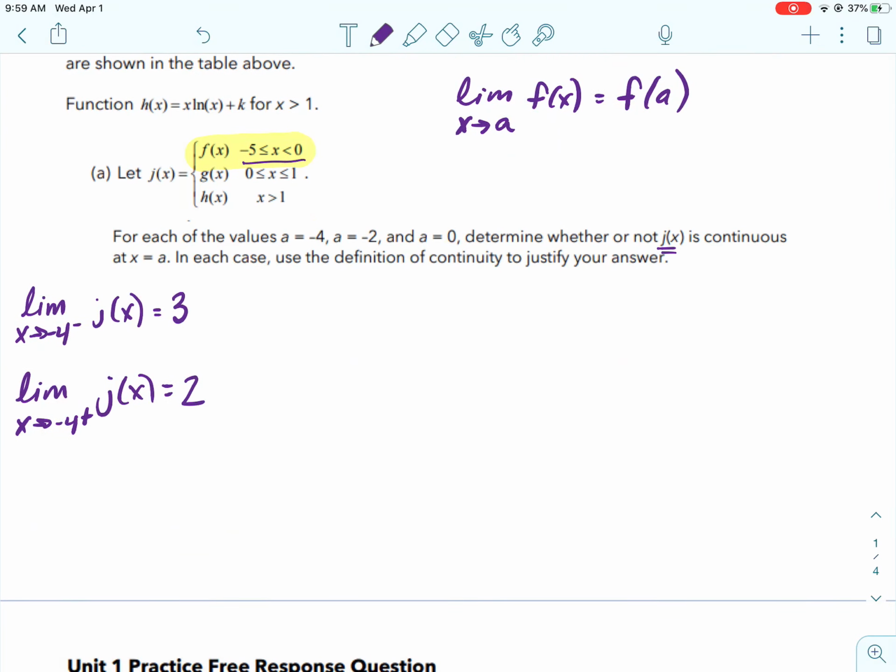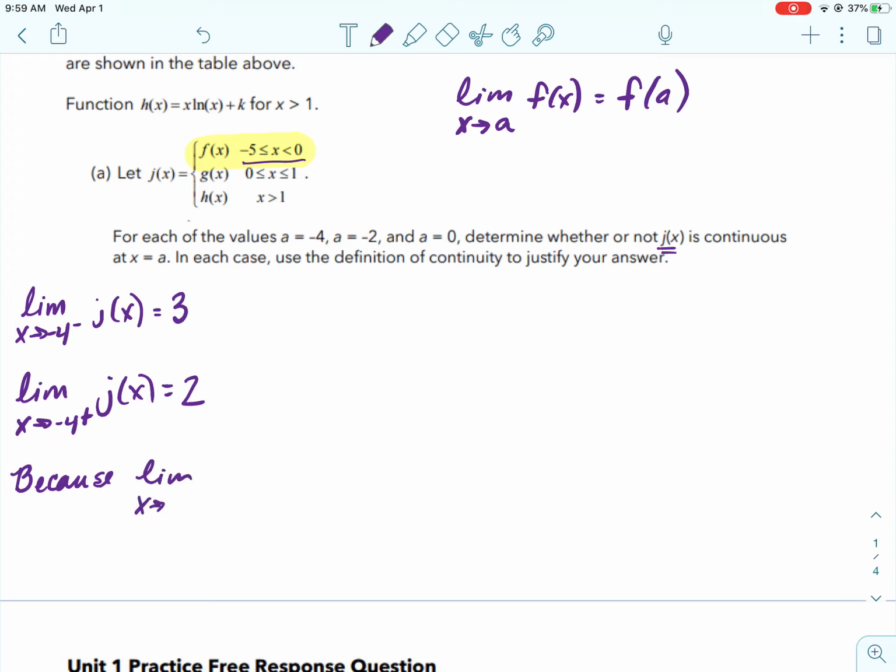This time, the graph is approaching this point, which is at 2. That means the limit does not exist at -4, and there's no way the function can be continuous.